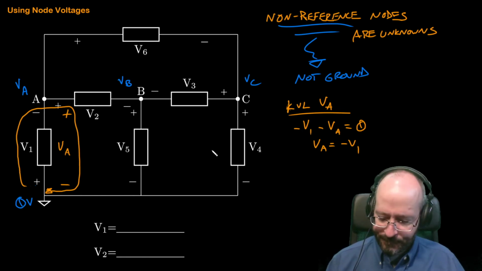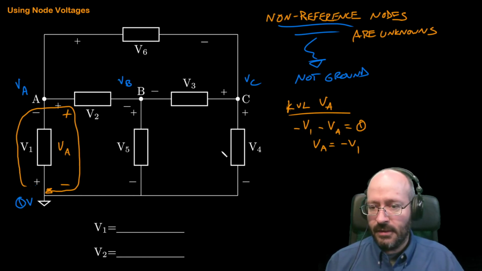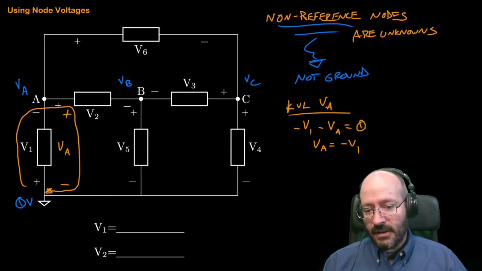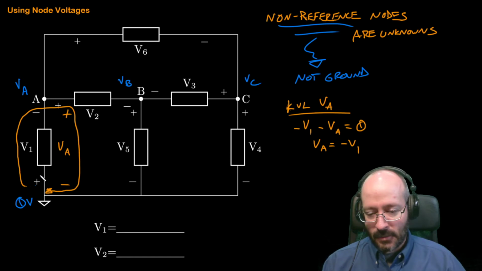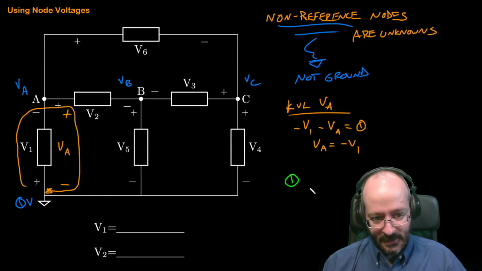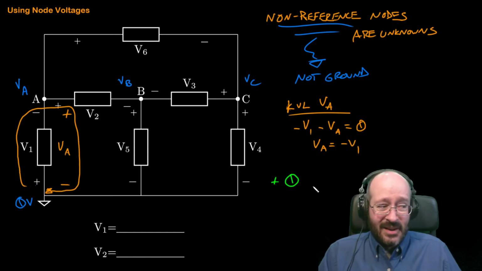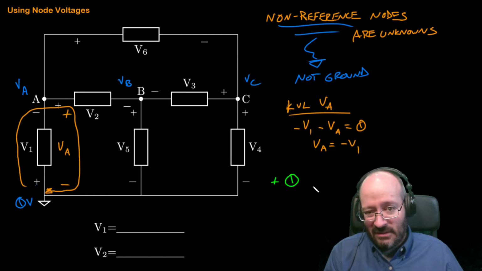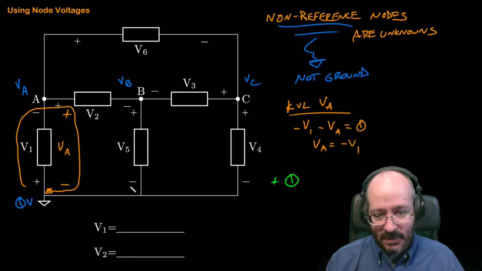So here's what we're going to do. Our alternate method, let's go with green. Our alternate method is to look at V1 and say what's connected to the positive side. Ground is connected to the positive side. And you can even throw the plus there because it's connected to the positive side. Obviously, you don't need it, but there it is.